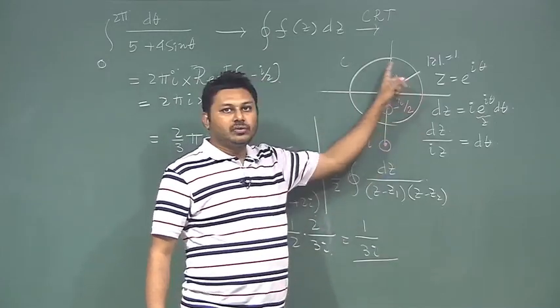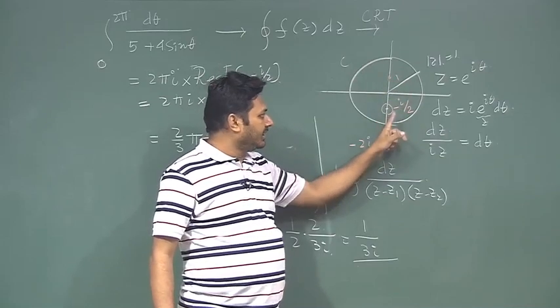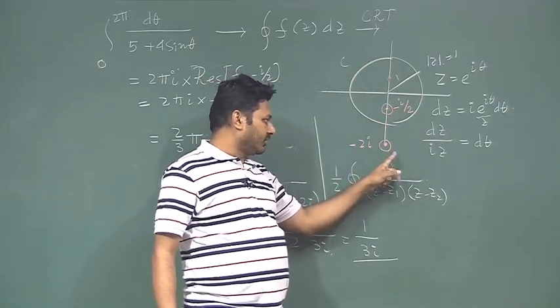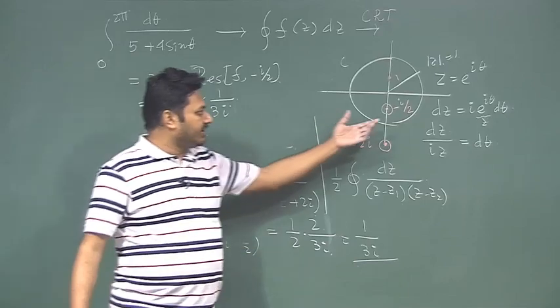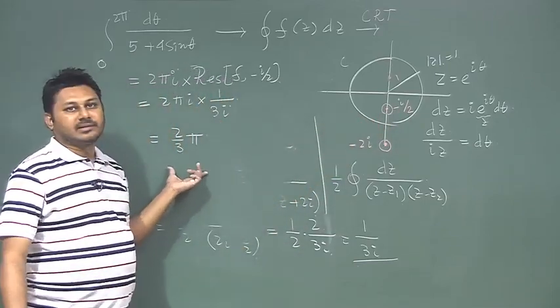This is your contour. For this contour, one residue is sitting inside and the other is outside, and you just take the residue inside, calculate, and you find the result, that is all.